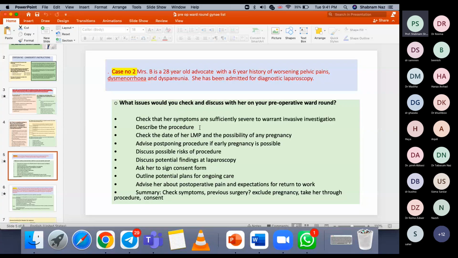Discuss the risk of procedure, findings, associated procedures, plan for ongoing care, the post-operative क्या care होगी, check for anesthetic review or post-operative problems. ठीक है, so in summary, check symptoms, previous surgeries, any drug allergy, check for patient information leaflet, consent, procedure.